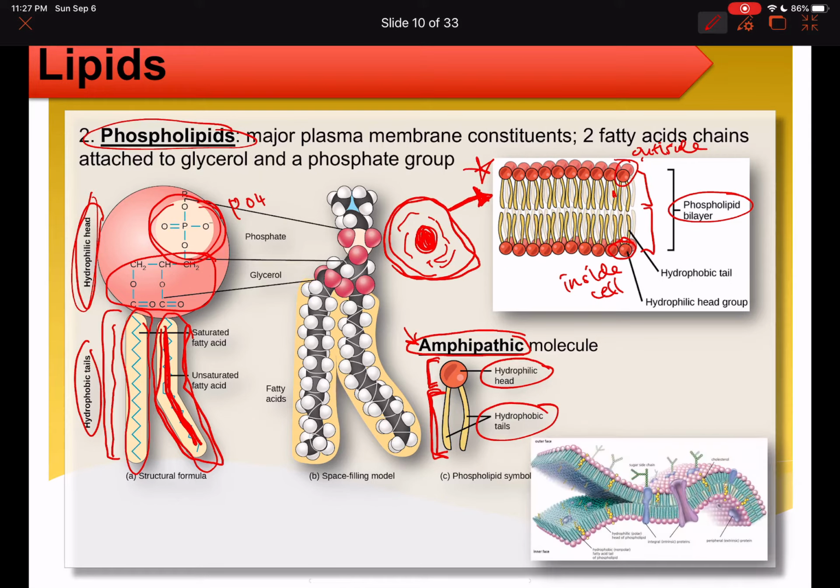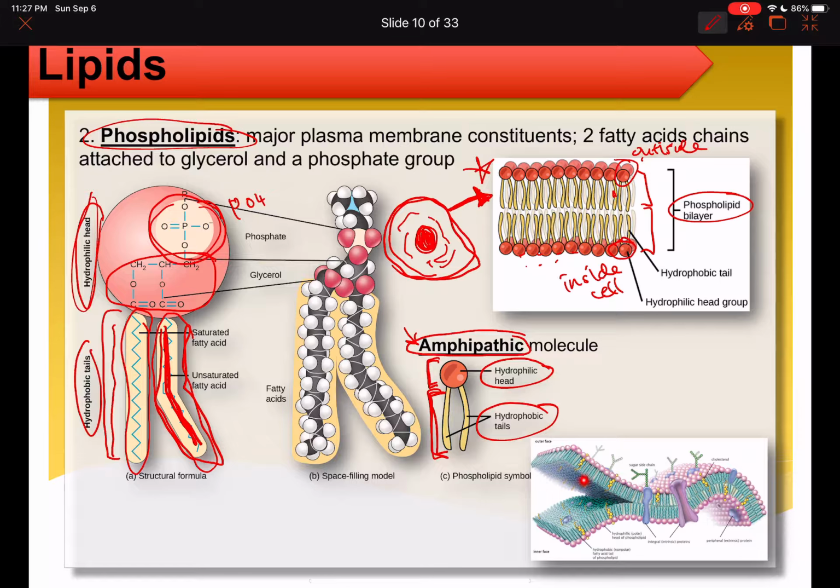And our plasma membrane actually does not look bare like this. It's not empty. It's not all just filled with phospholipids all over the place, but they are actually interrupted by many, many different things within the plasma membrane itself.